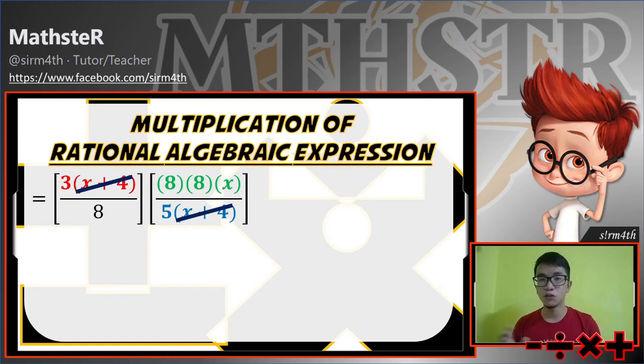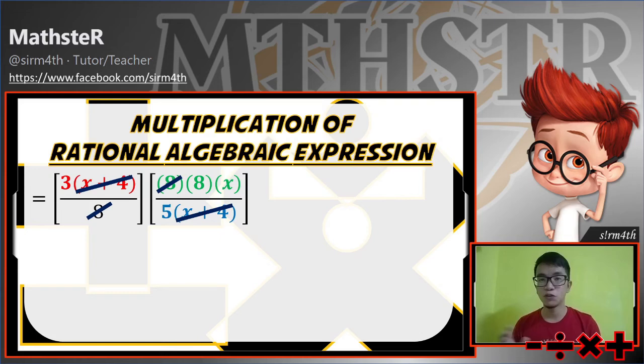Okay? So wala na yung x plus 4 natin. And then, meron pa dyang magkaparehas wherein may nakita tayong 8 sa taas at meron din tayong nakitang 8 sa baba. Ngayon, meron pa ba kayong nakikita?